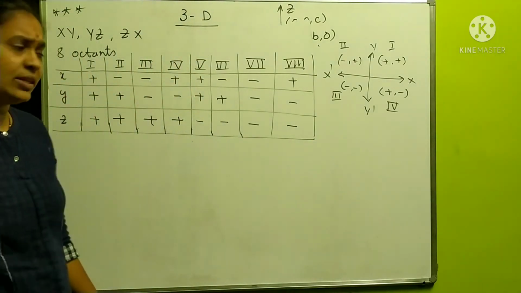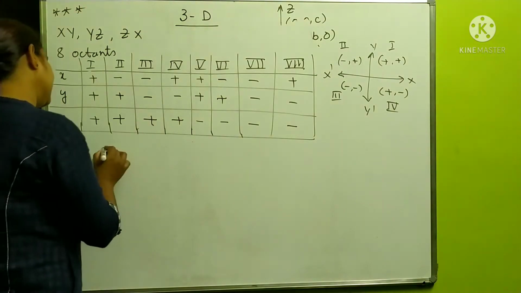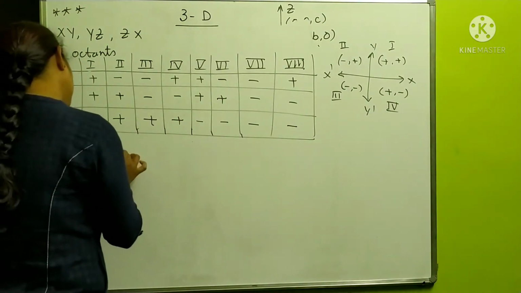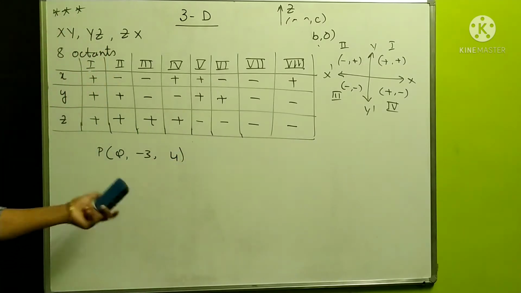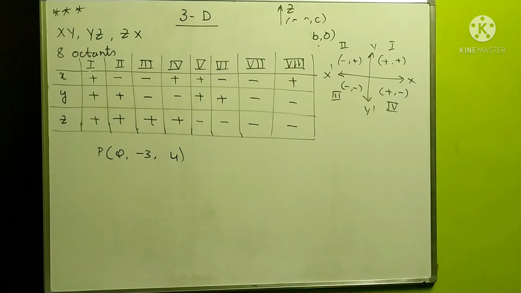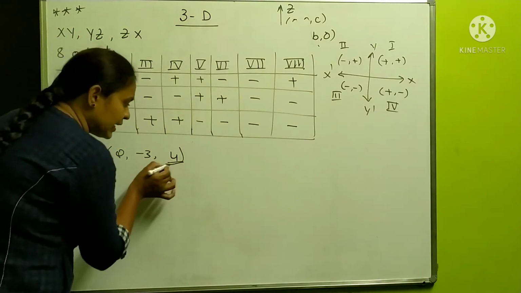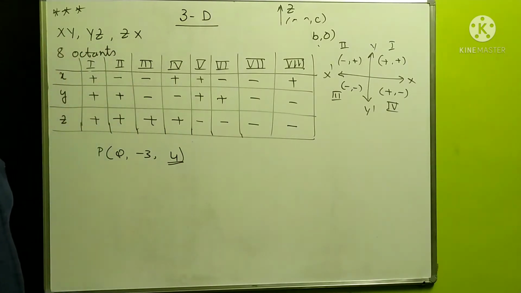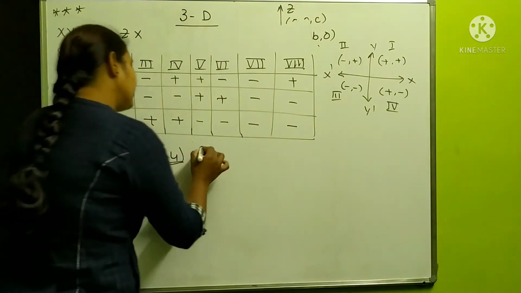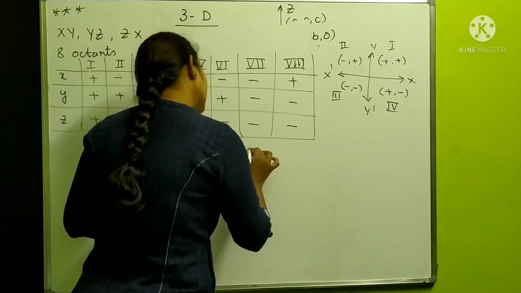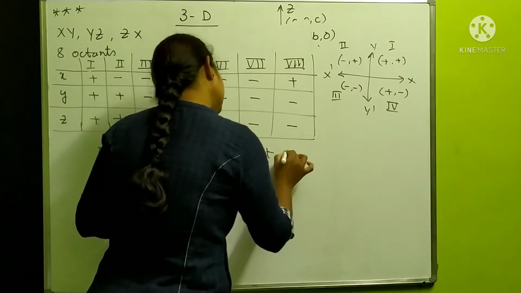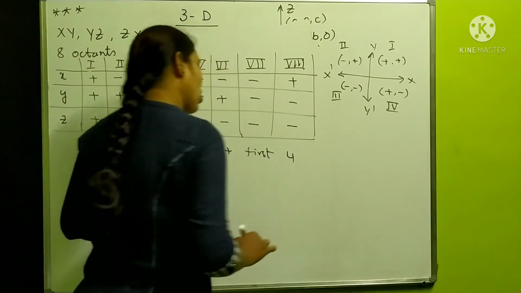How do they ask the question? They will give a point like this: let P be 2, minus 3, 4. Name the octant, they will ask. When they ask like this, you just observe the sign of the Z coordinate. If the sign of the Z coordinate is positive, then it lies in the first 4 octants.